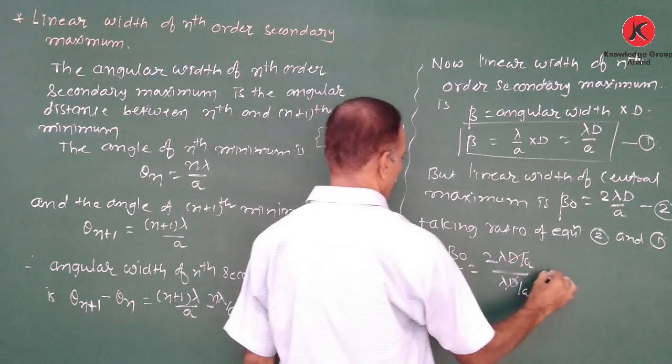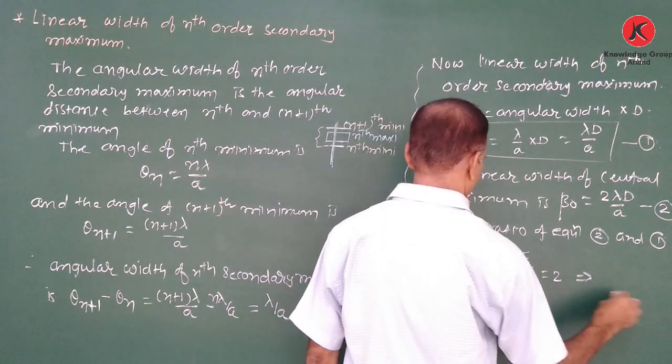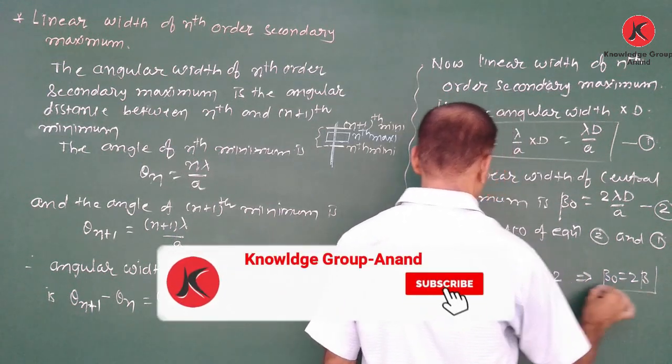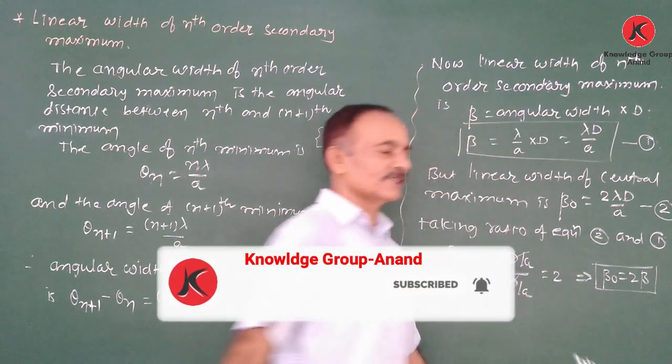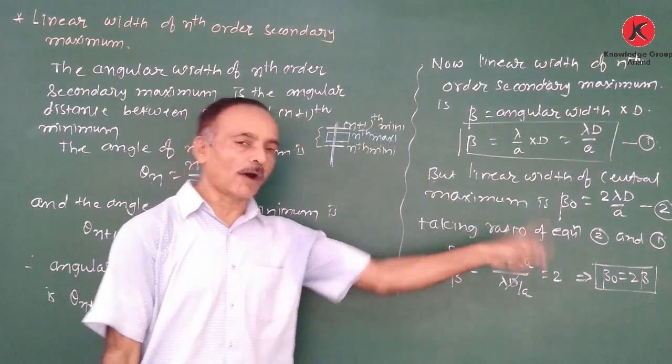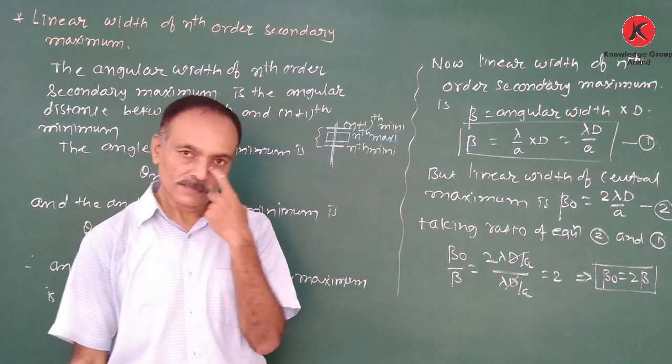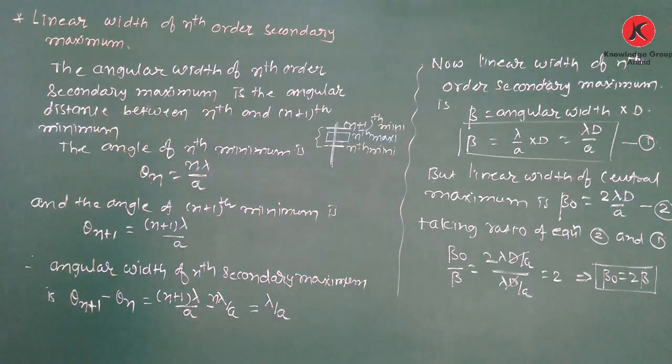That cancels, only 2 remains. Therefore, beta 0 is equal to 2 beta. That means the width of the central maximum is double the width of the nth order maximum. So there is the equation of the linear width of the nth order secondary maximum.